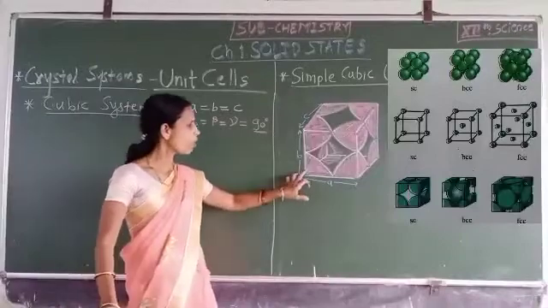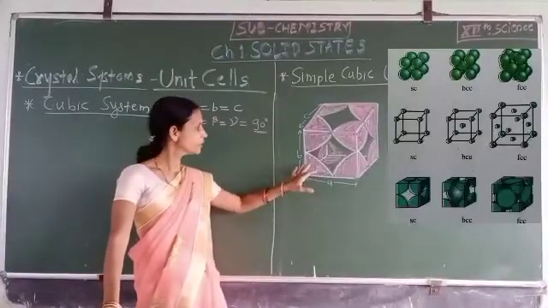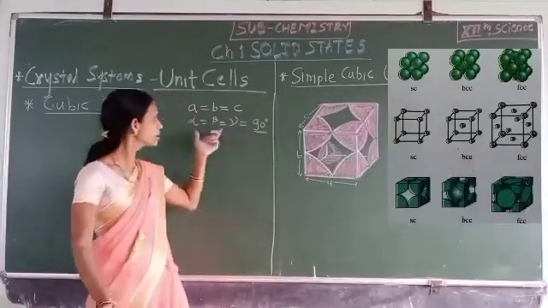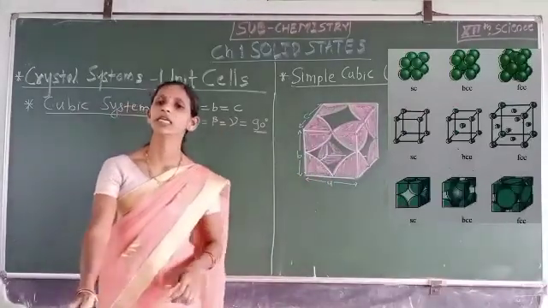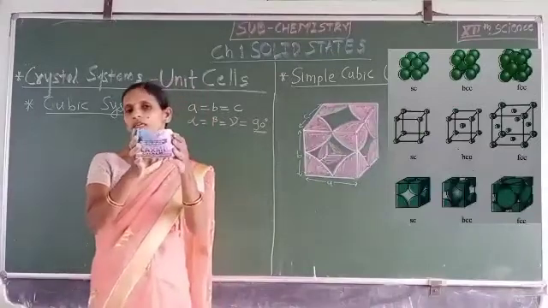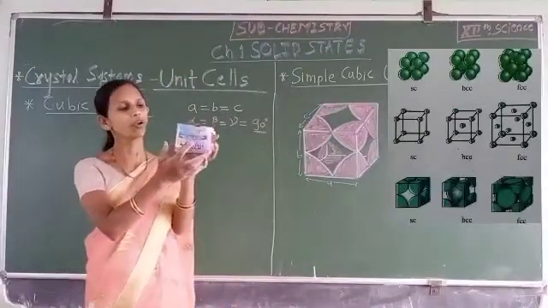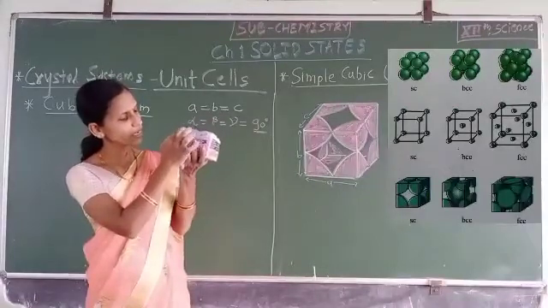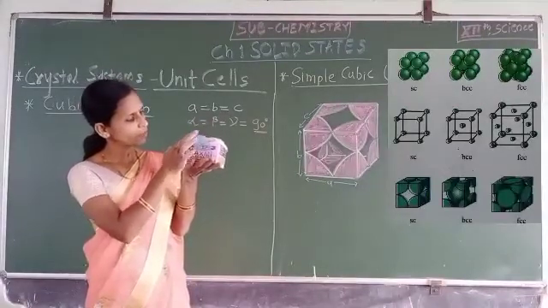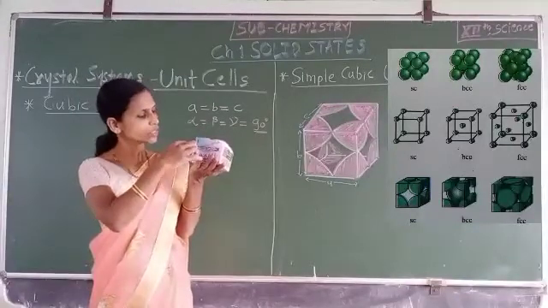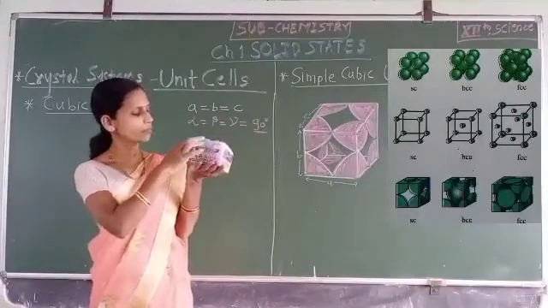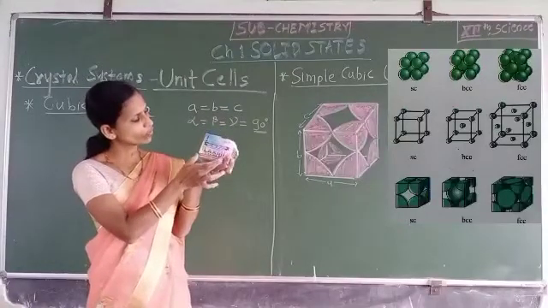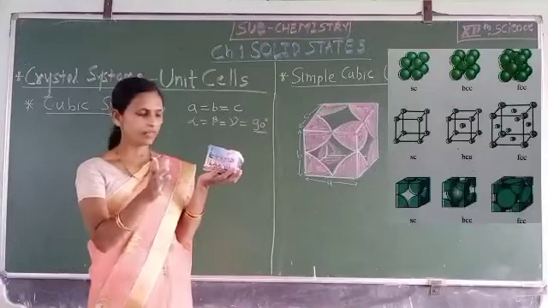That means all the angles present in the cubic type of unit cell are the same and each is 90 degrees. Observe here, it is one example of the cubic type. The edge lengths a, b and c, that is length, breadth and width, are all of equal length.